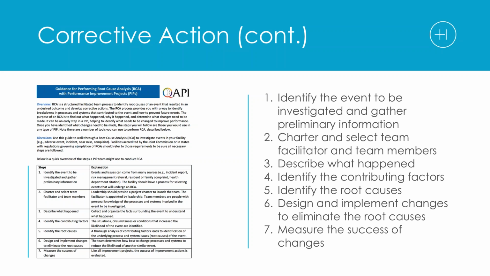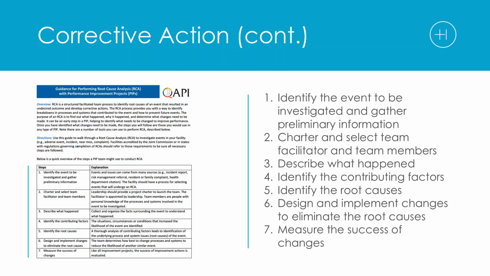Second, you want to charter and select a team facilitator and team members. So though compliance may be overseeing the root cause analysis, you're going to have experts, probably IT folks, maybe like the example I just shared with pharmacy, maybe pharmacy folks that are going to help you understand the specifics. The third is describe what happened.